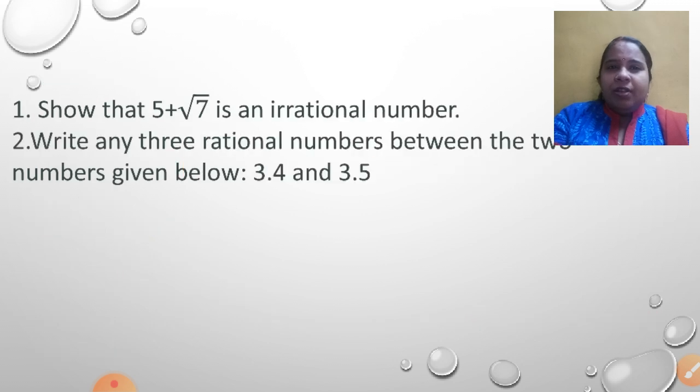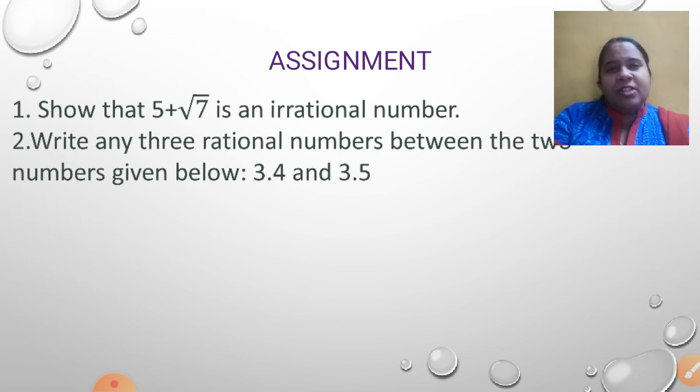Yes. Now see, based on the two types of sums we have learned today, I have prepared an assignment. Assignment means just a practice question. Okay, see this first one. Show that 5 plus root 7 is an irrational number. Now we have done one sum exactly like this in the exercise also. What are the steps? We will first assume that it is a rational number.